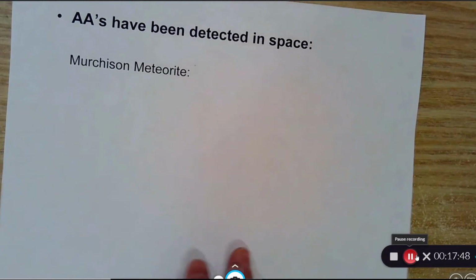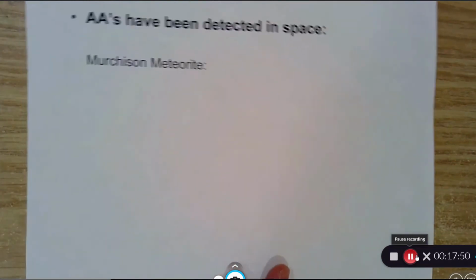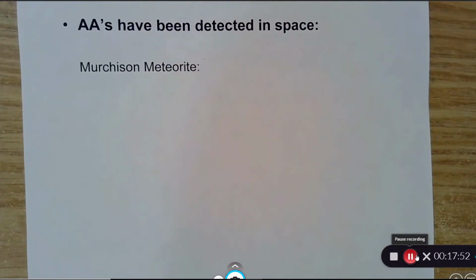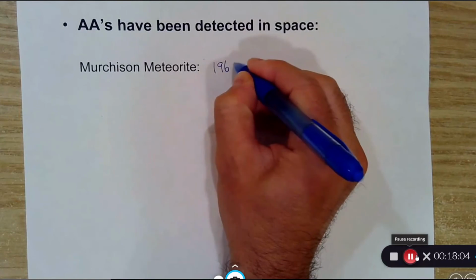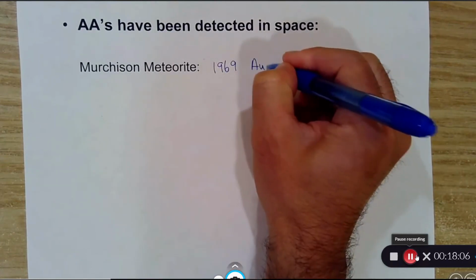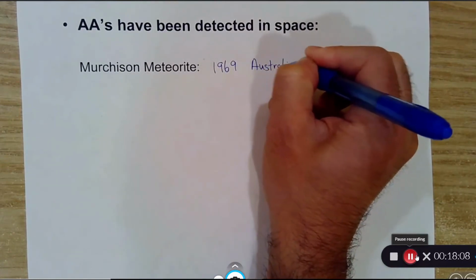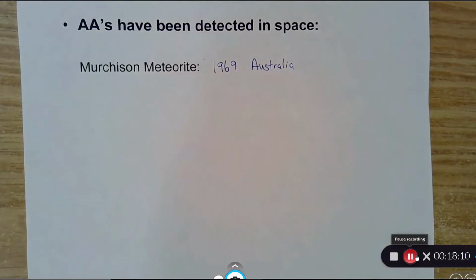And then the last thing I just want to indicate is some evidence showing that what people have done in lab with the Urey-Miller experiment, then optimizing it with the Strecker synthesis, is that some amino acids have actually been detected in space. So in 1969, in Australia, a meteorite actually fell down on the country, known as the Murchison meteorite.